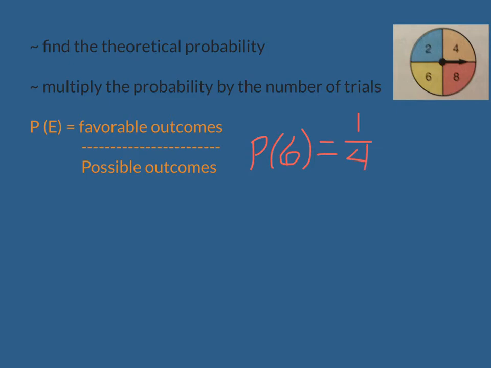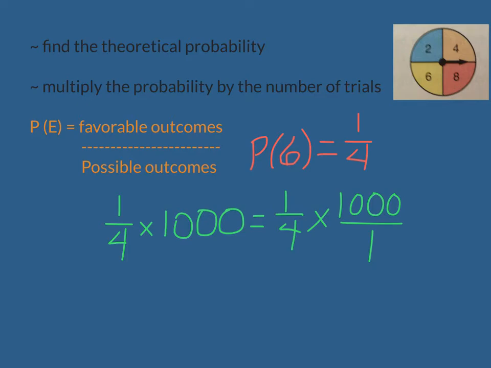There's a 1/4 chance that it would land on 6. Then we multiply by the number of trials. So we have 1/4, that's the probability of it landing on 6, but we're doing it 1,000 times. So we multiply that by 1,000, which equals 1/4 times 1,000 over 1. Then we can do some crossing out.